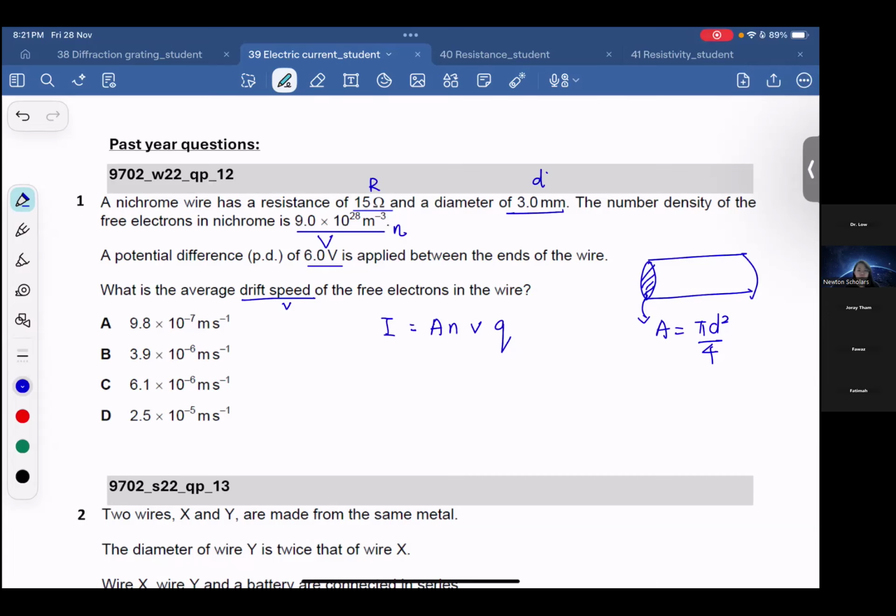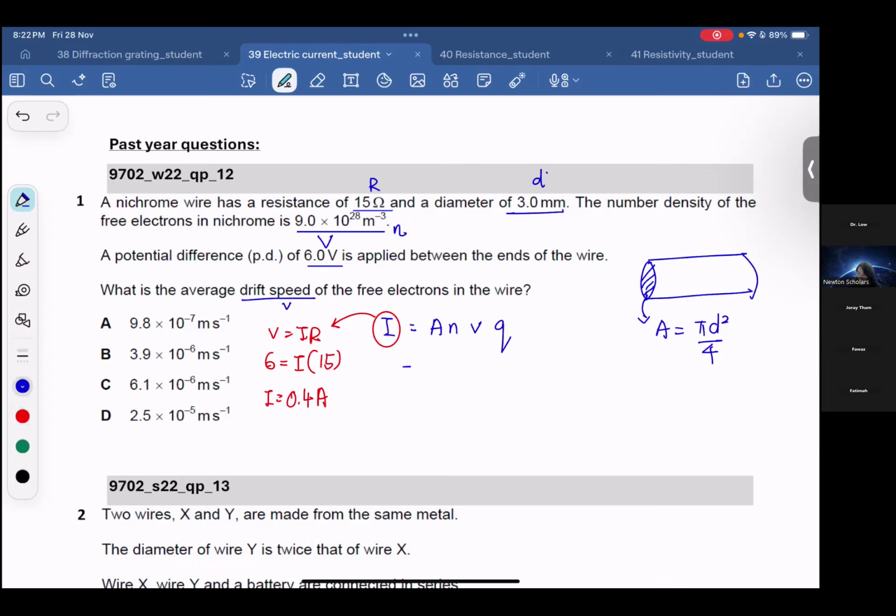Charge you have to know, 1.6 times 10 power negative 19. Correct. Good job. Try question number 2.